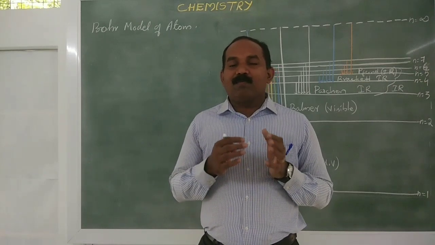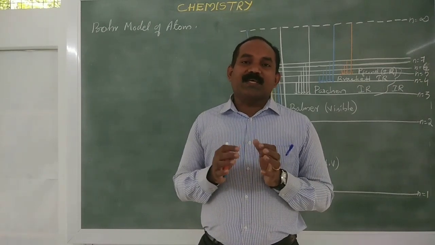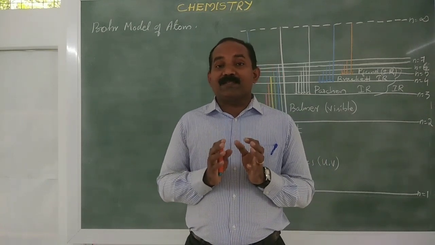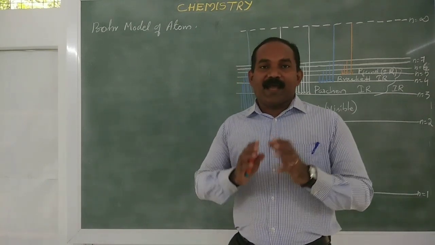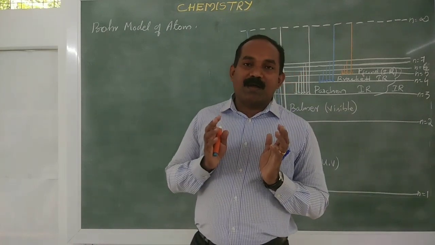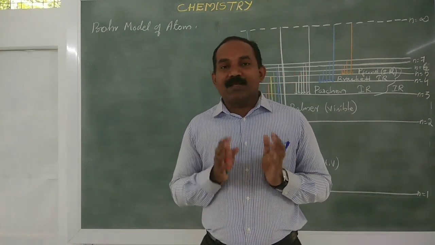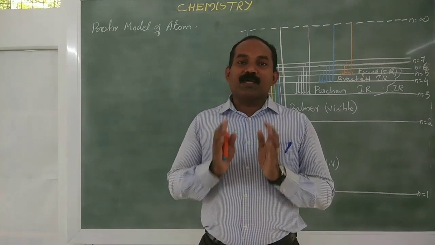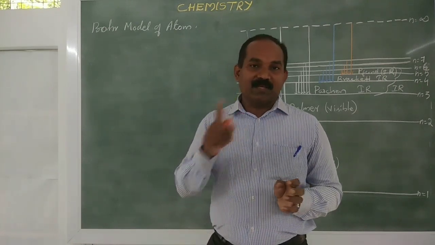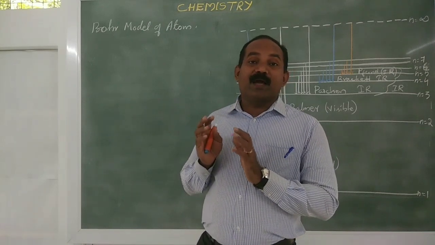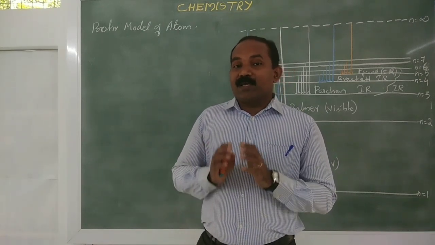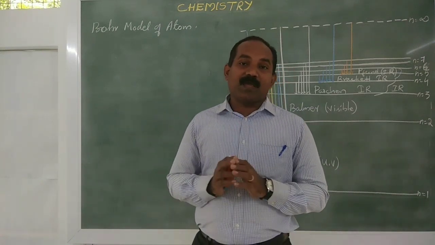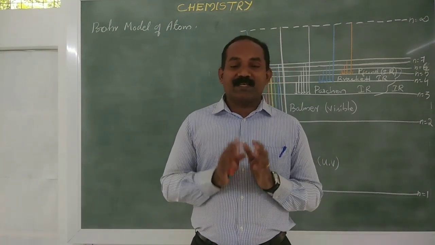So in the Bohr model, the electrons revolve around the nucleus through certain circular paths, and the electron in that particular orbit doesn't lose or gain energy. That's why the electron stays in that shell, and that's why he could explain the stability. He easily explained the stability of the atom using quantization of levels.